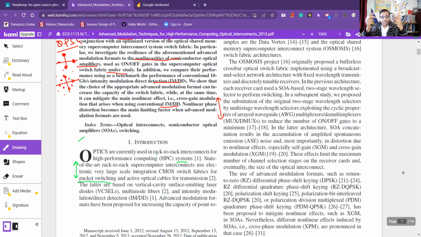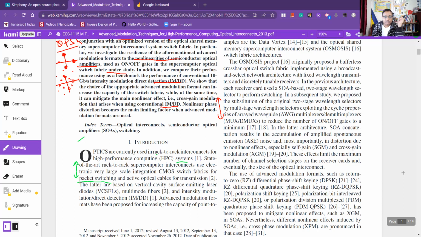We know different kinds of switching: packet switching, circuit switching, as well as message switching. Out of that, packet switching is used for digital communication, which is the advanced version. The other type is where transceivers are used in active optical cables for transmission. So there is a fiber cable through which transmission takes place.